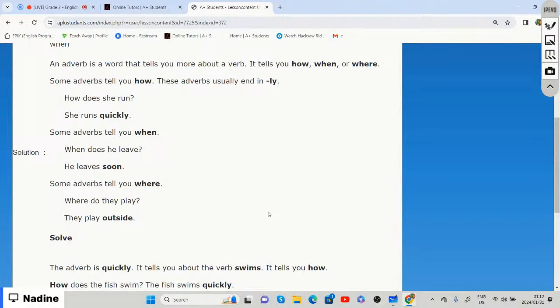Some adverbs tell us how, and they usually end in ly. At times I'm going to repeat certain words, because I'm going to read it again in order for you to understand it. For example, how does she run?